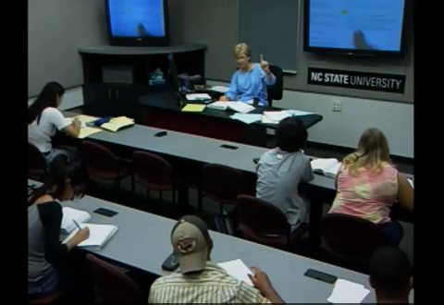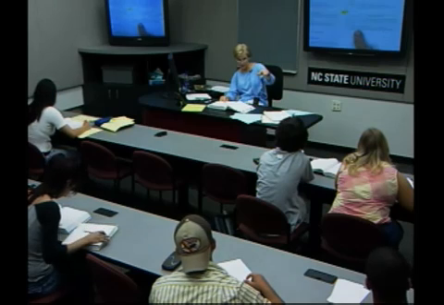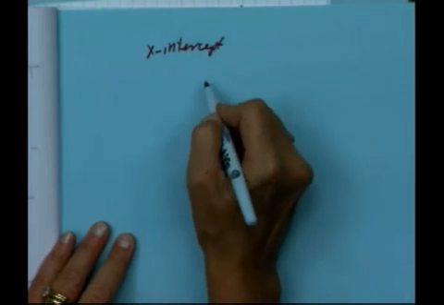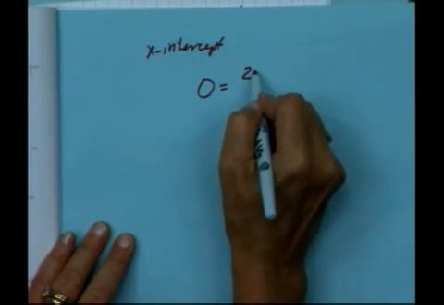All right. What's your first step for looking for an x-intercept? You're going to set y equal to 0. Yeah. Okay. Let's flip this page over. So if we're looking for the x-intercept, we let y be 0.